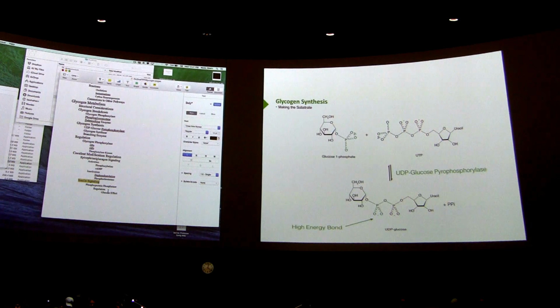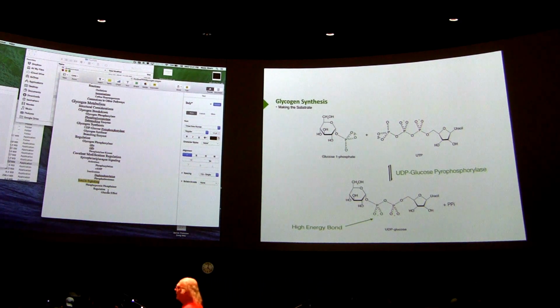Glucose 6-phosphate. How would I get glucose 1-phosphate? Phosphoglucomutase, right? So I could go from glucose to glucose 1-phosphate in 2 steps. I could go glucose to glucose 6-phosphate with hexokinase, and then phosphoglucomutase to give me the glucose 1-phosphate. So there's a variety of ways that I could get glucose 1-phosphate to make glycogen with.